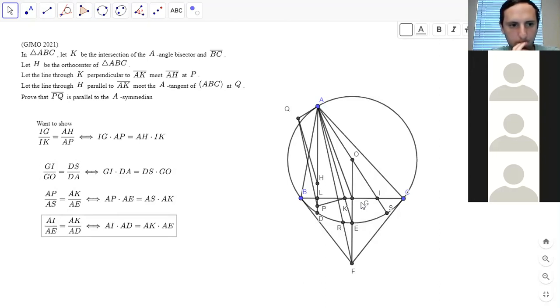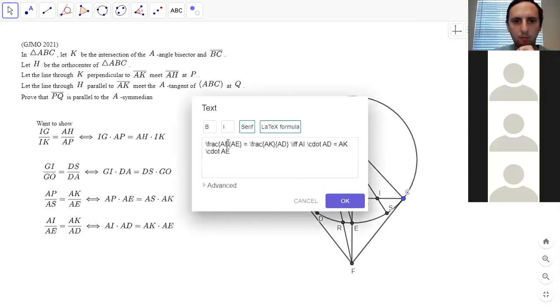There's something wrong here. I used the wrong thing. The last one is not AI over AE, it's IK over ED. We need IK, not AI. So IK times AD is AK times ED.